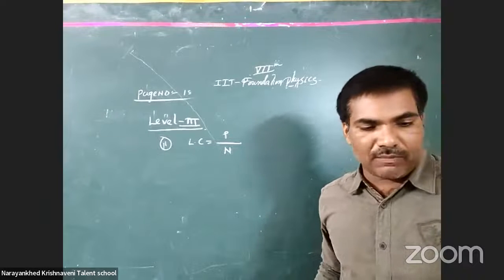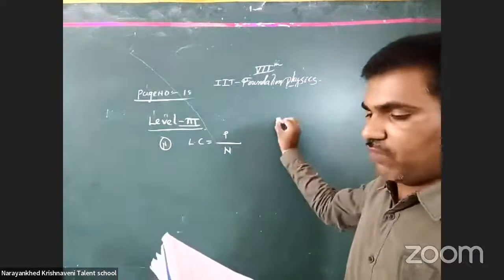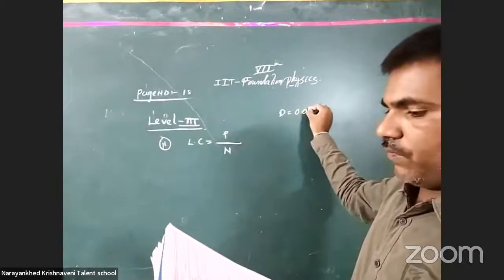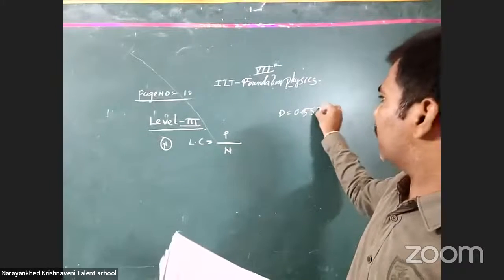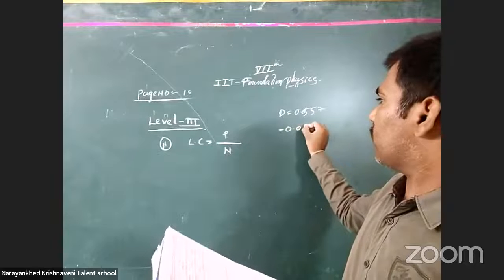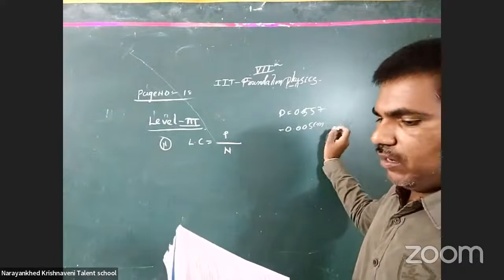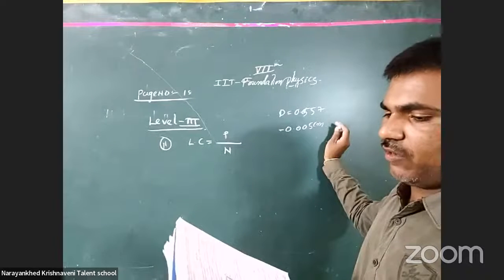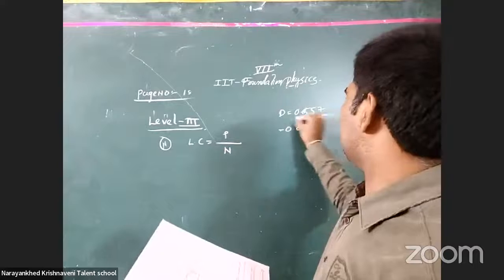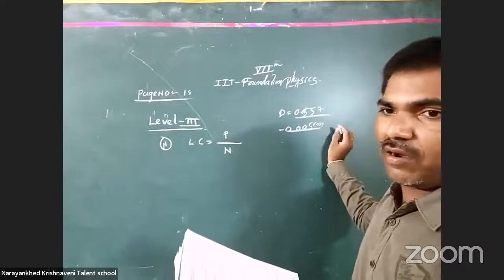Next, the observed diameter of the screw gauge is 0.557, and the correction is minus 0.05 centimeters. Then what is the corrected diameter of the screw gauge? The correction is a minus here. Clear or not, all of you?